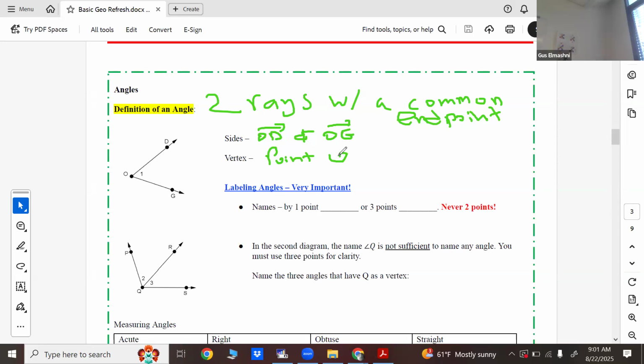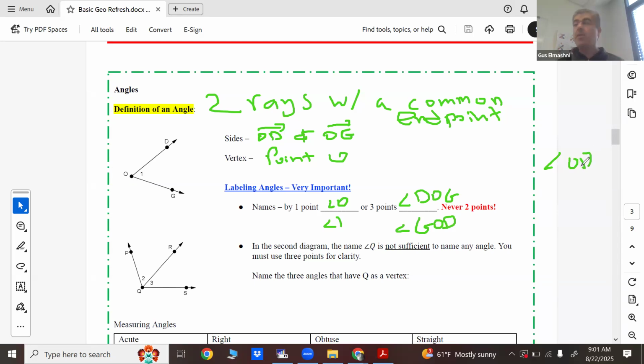Now labeling, you could label it with 1 point. I call this angle O if I want. Or I call it angle 1. Or you can label it with 3 points: DOG, or GOD. Now here's the thing. Never ever use 2 points. Can I call this angle OD?